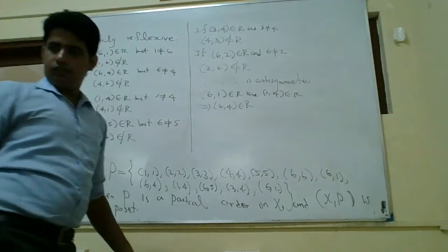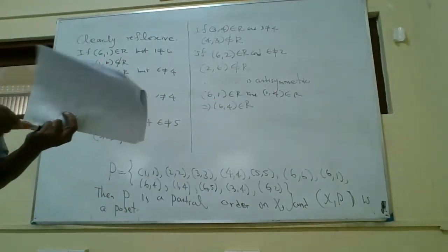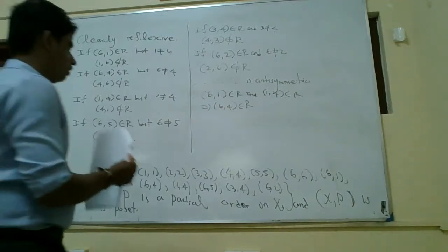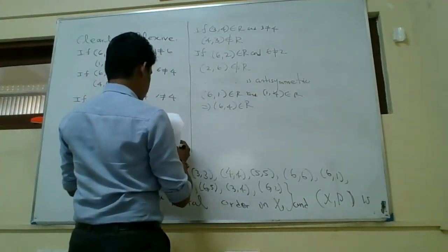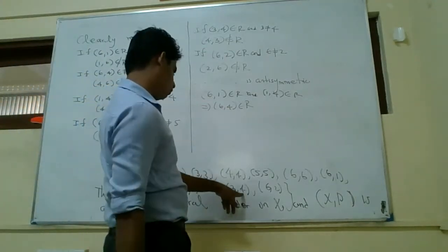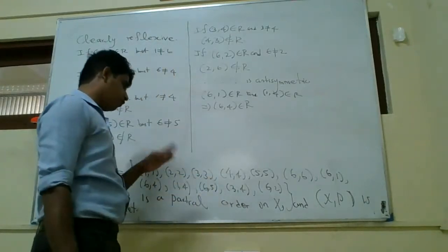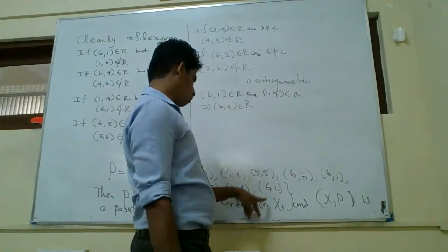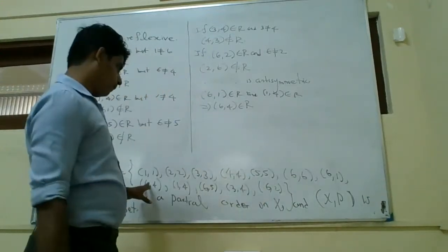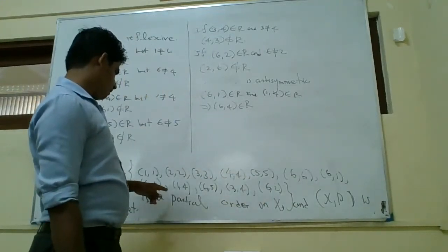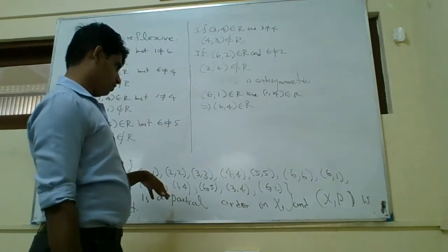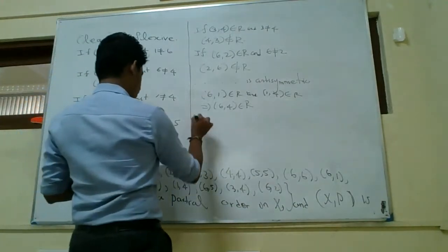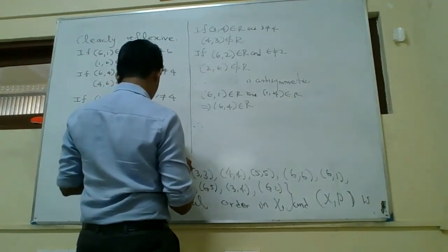For (3,4) and (4,4), again (3,4) is there. For (6,6) and (6,2), again (6,2) is there. Therefore P is transitive.